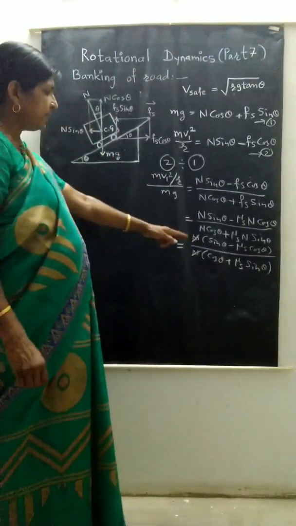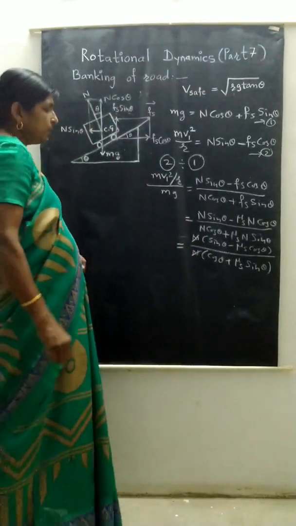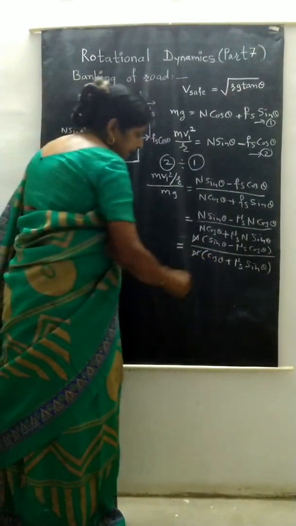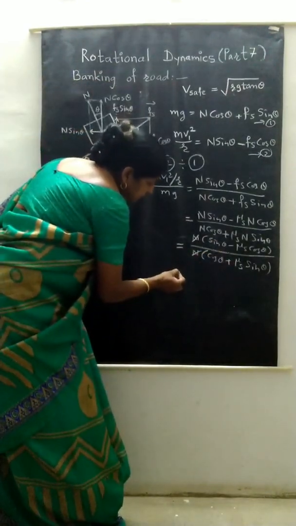Now let us divide the numerator and denominator on right hand side by cos theta.